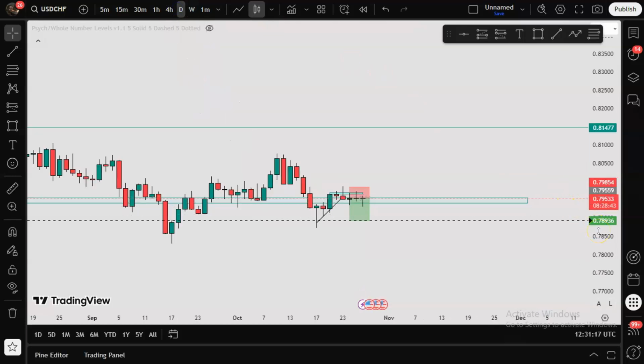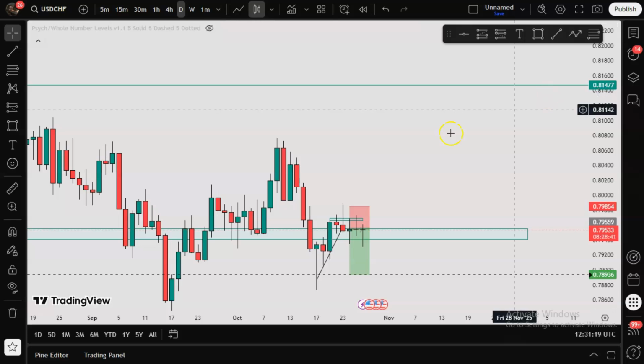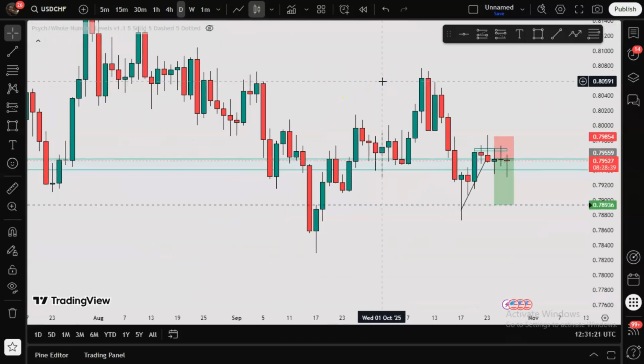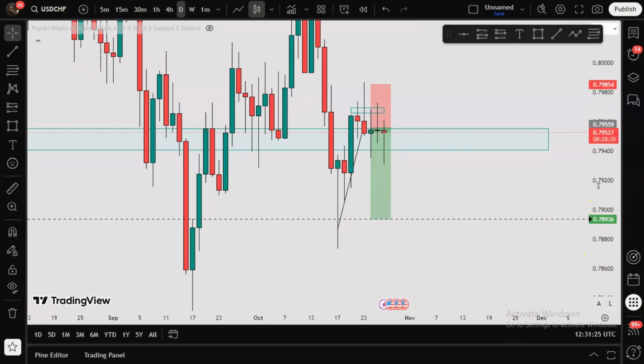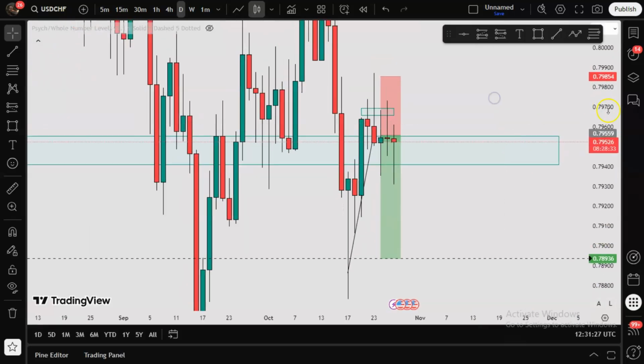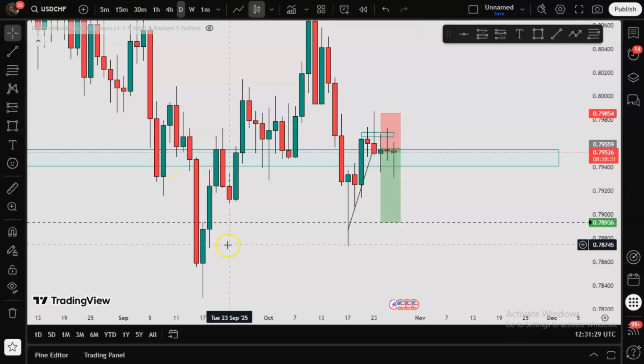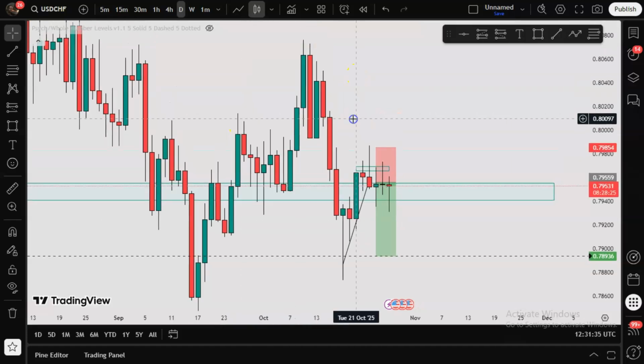So I've marked out my area of interest on the weekly time frame. As you can see on the daily too, there was some kind of minor trend over here, higher highs, higher lows, and then price broke down very strongly over here, and then we created another high over here.